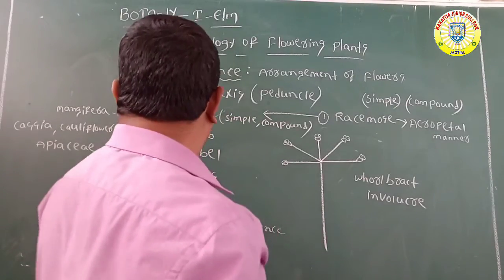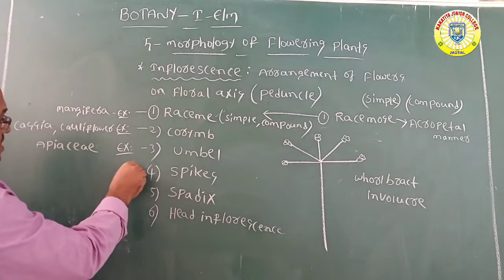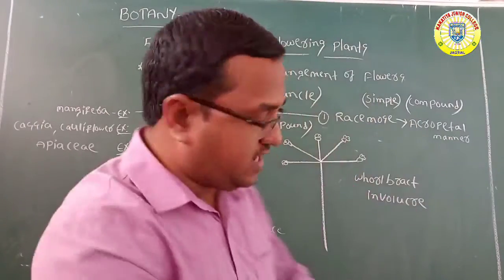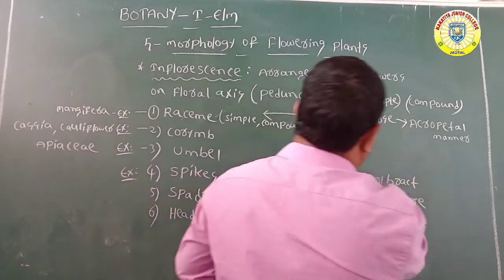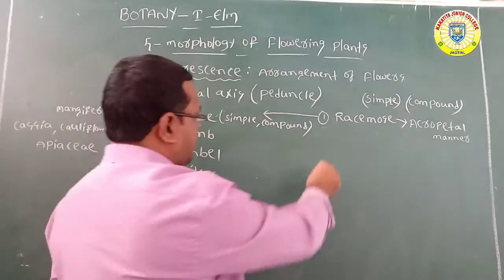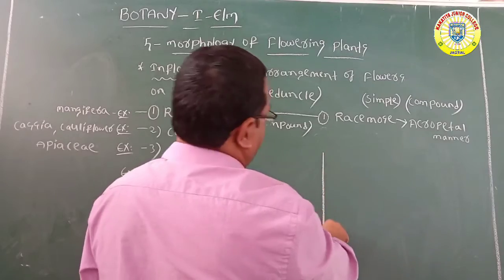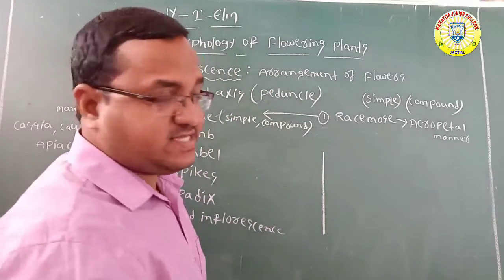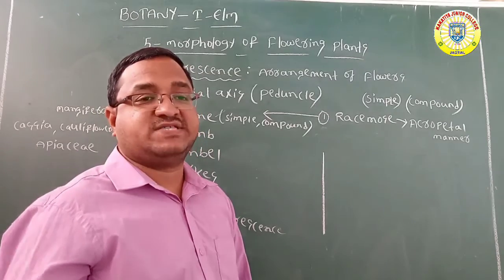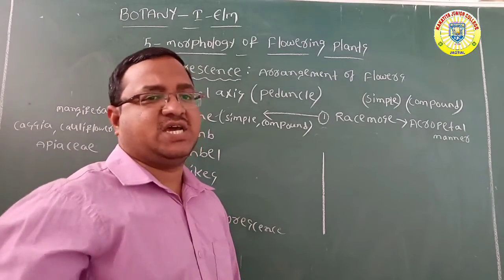Okay. Next, spikes. But what is a spike? In a spike, on the floral axis, the flowers are sessile, they may not have any stalk.